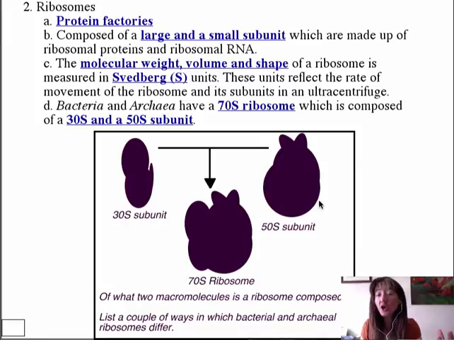However, maybe arguably the most applied and important difference to remember is that between eukaryotes and prokaryotes. And that is simply because, think about it for a minute, what can we do if we know that bacteria have a different kind of ribosome than do eukaryotes?